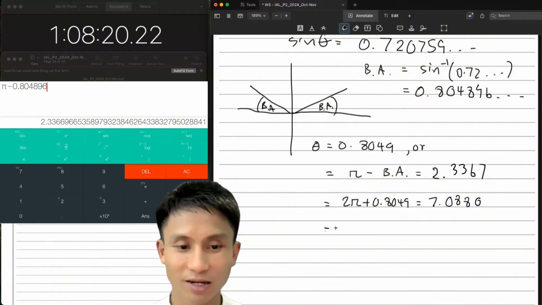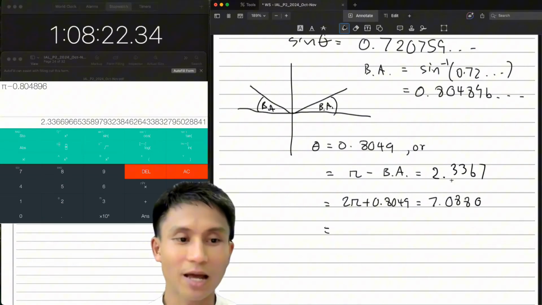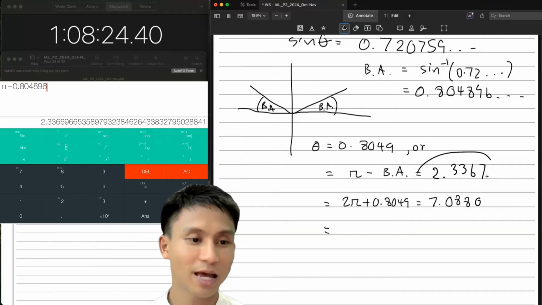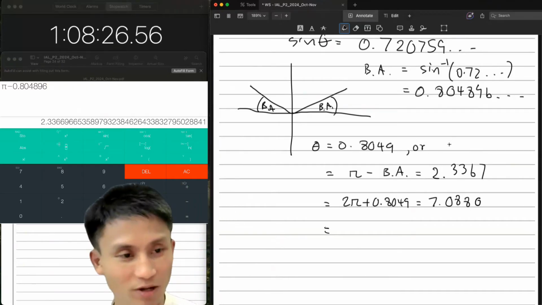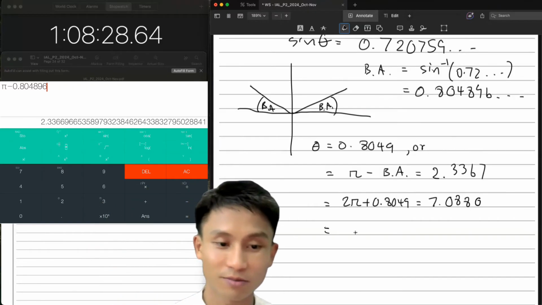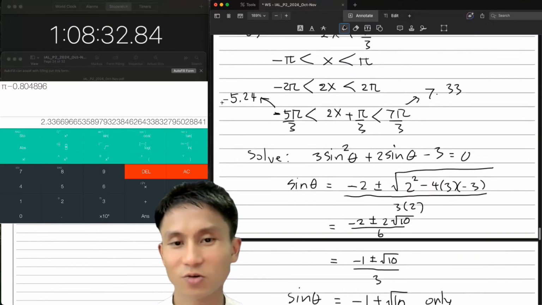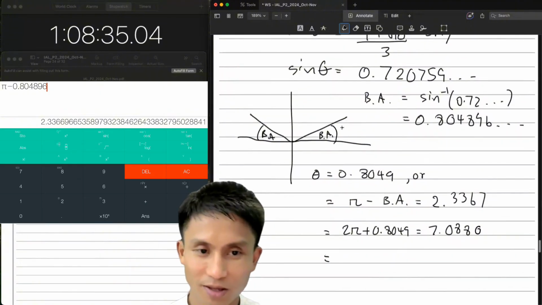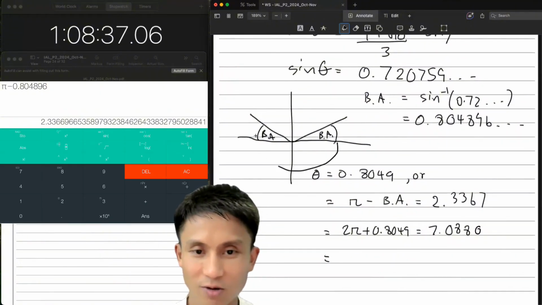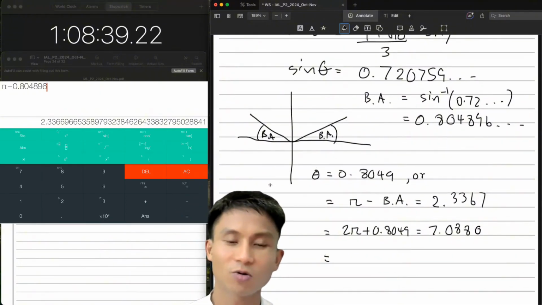I still have the negative side to consider. I'm not going to add 2 pi to this one because it is quite obvious that it's going to be over 7 point something. Then the negative roots, because we can still go to the negative side here. The first one is going to be that one, negative clockwise.